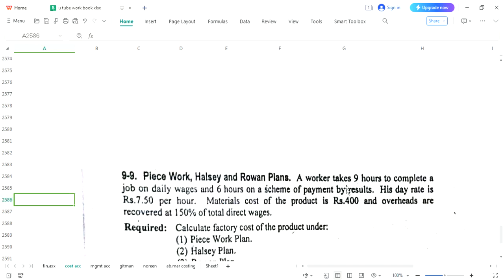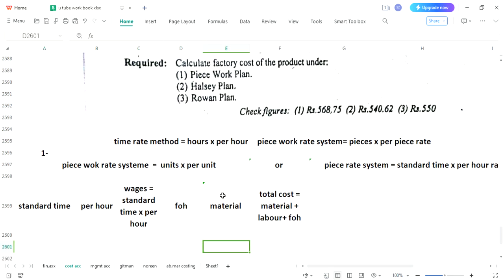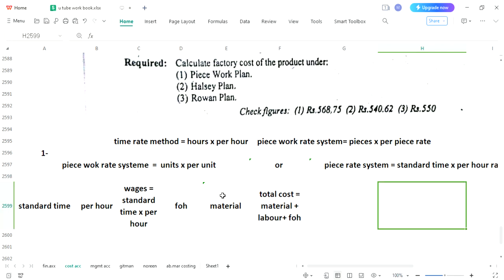Here, a worker takes 9 hours to complete a job on daily wages and 6 hours on a scheme of payment by results. Okay, what does that mean? It means normally the standard time for completing that job is 9 hours. But a scheme has been introduced and he has completed that job within 6 hours. It means efficient working. Here there are a few things which should be mentioned. S means standard time.